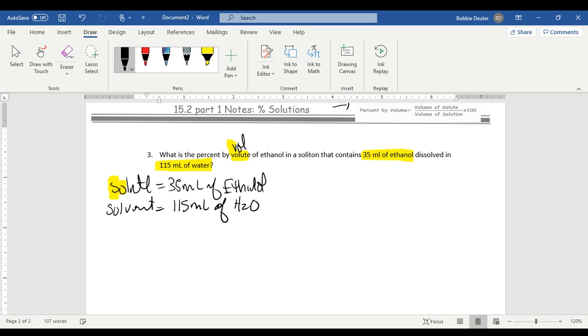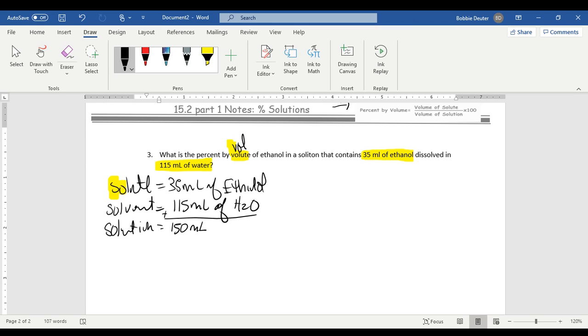Now, milliliters is not the SI value. However, for this, milliliters is totally fine because everything is in milliliters, and we would measure most of our measurements in milliliters. So just leave it in milliliters, even though it's not the SI unit. So now we can figure out the total volume of solution. We simply add these two together and you get 150 milliliters of solution.